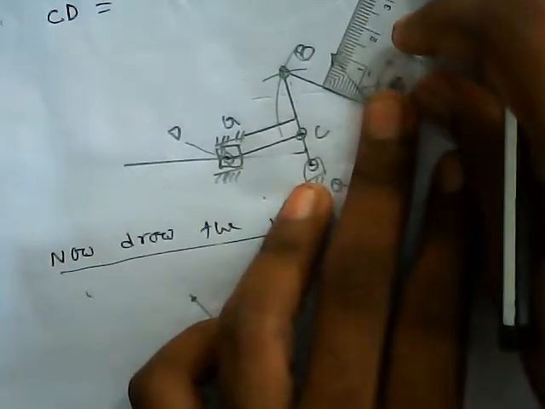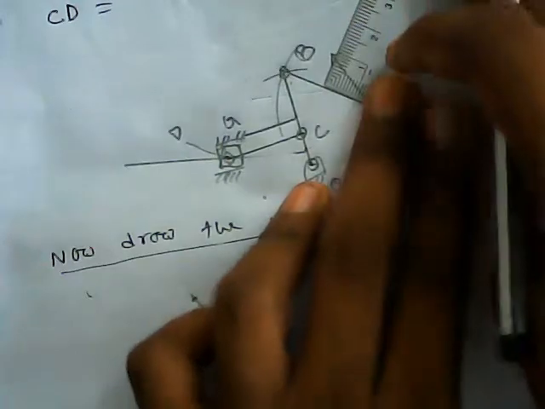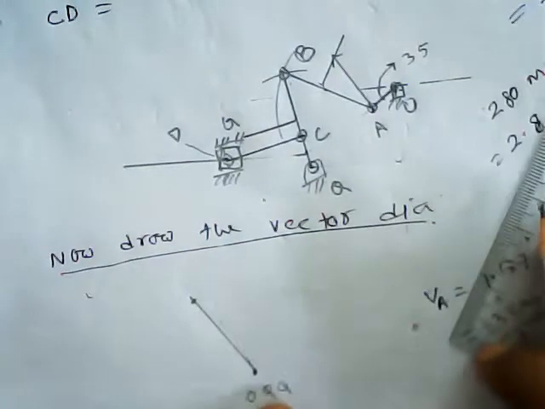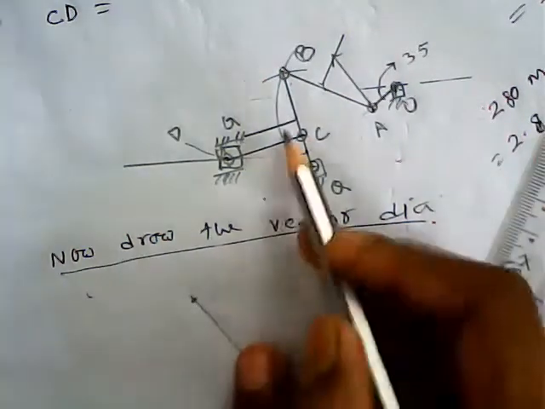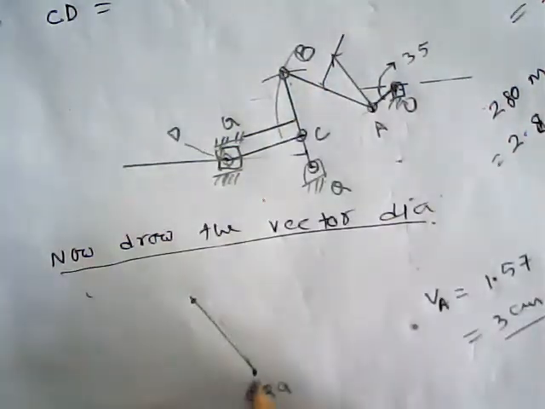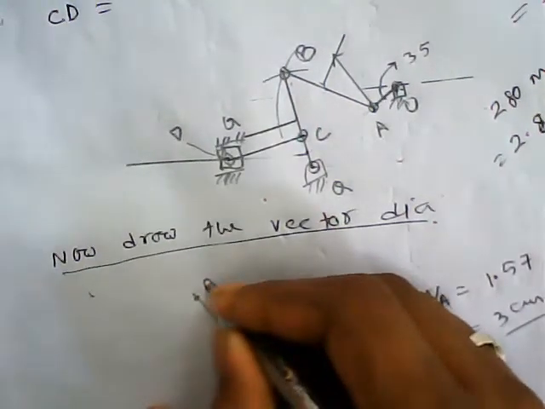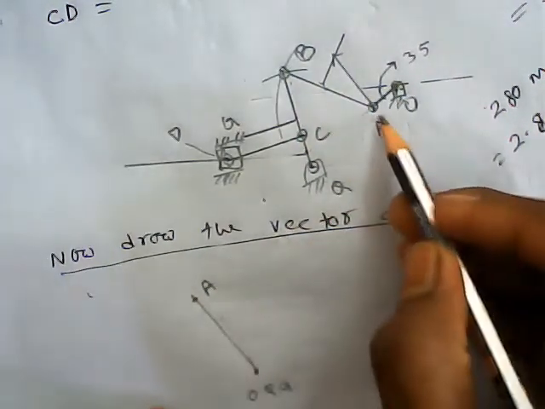And velocity of B with respect to A, which is passing through A. These two lines intersect where, that is the point B velocity in the velocity diagram.